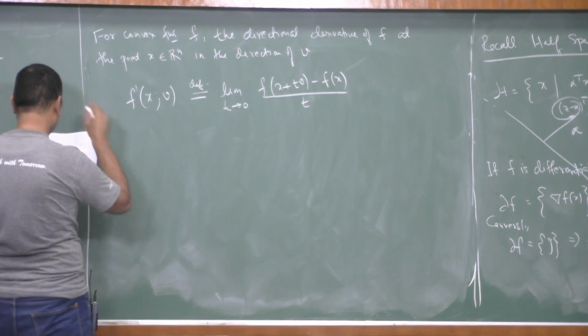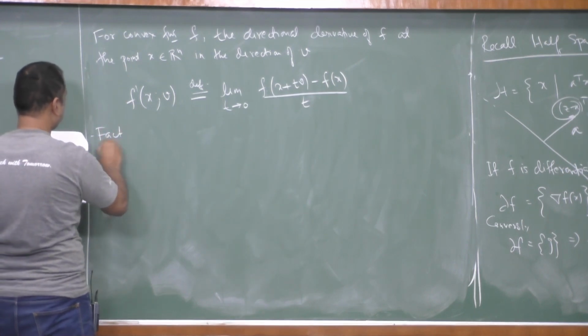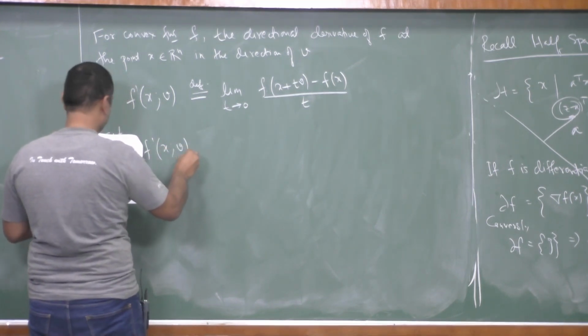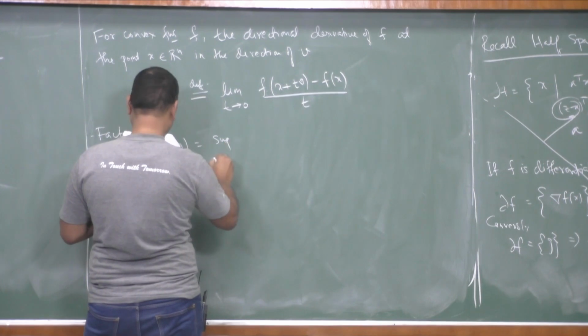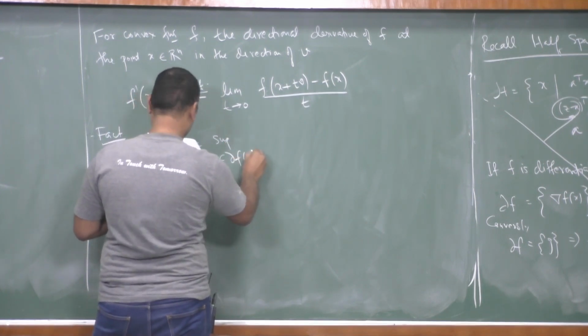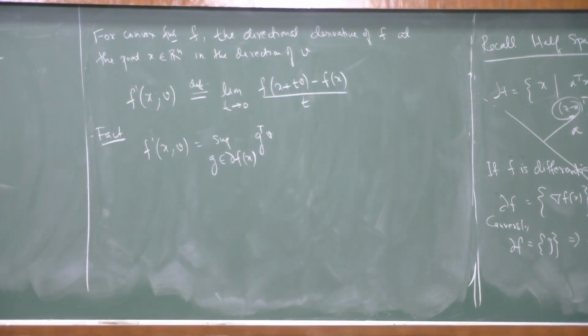The result, let us write it as a fact, is that f prime (x; v) is the supremum over g in the subdifferential of f at x of g transpose v. This relates the directional derivative with the subdifferential.